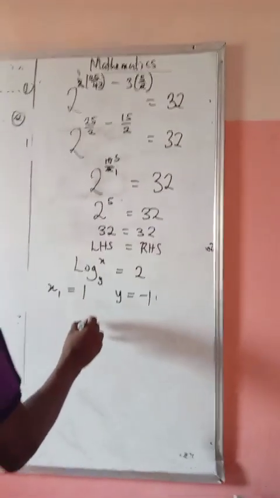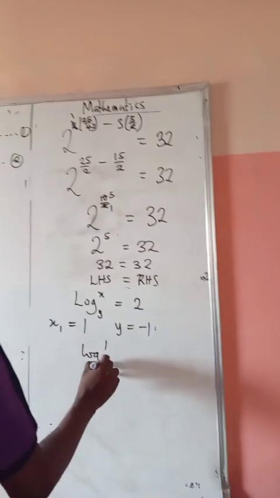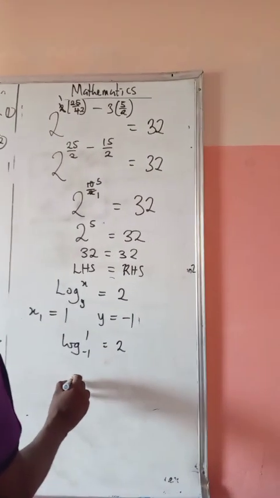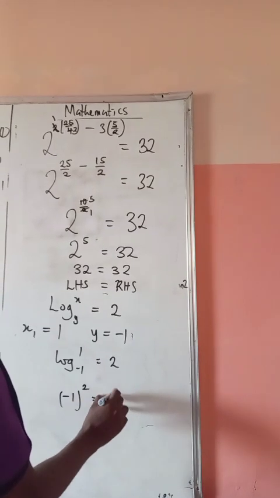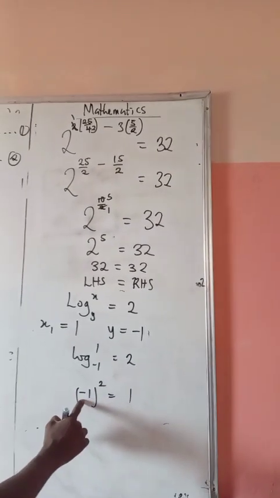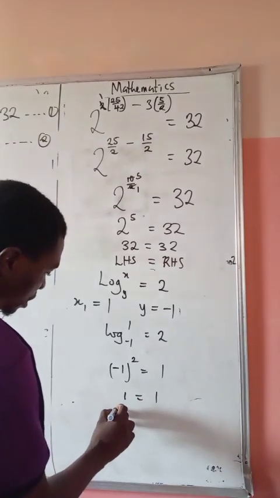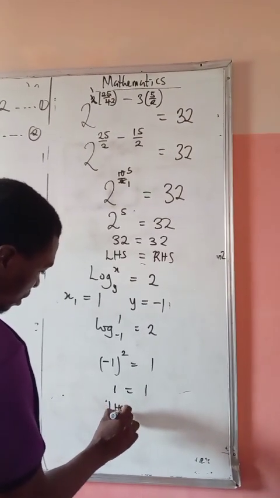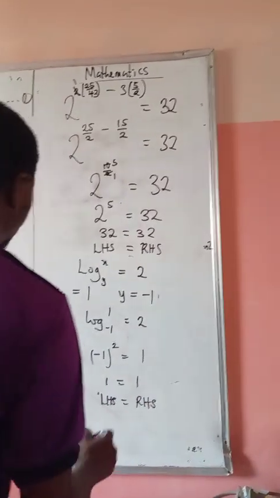So therefore I have log 1 base -1 is equal to 2. Convert it to index form. y squared, -1 squared, is equal to 1. Negative 1 squared is 1, which is equal to 1, and therefore what is on the left hand side is equal to what is on the right hand side.